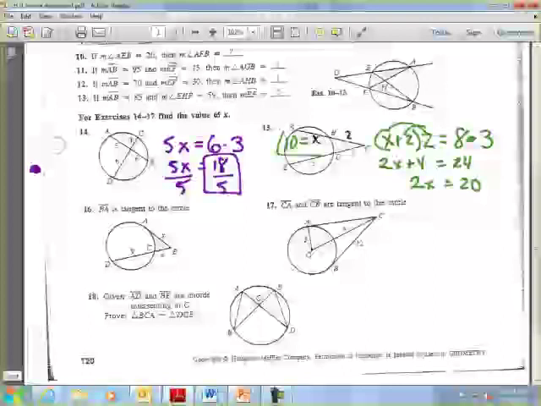Number 16. 9 plus 4 times 4. Whole length.